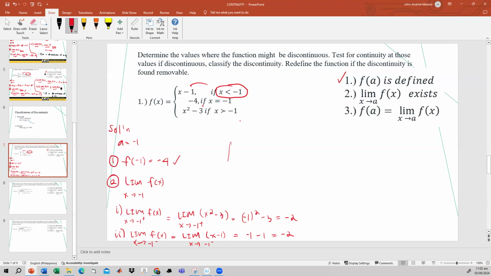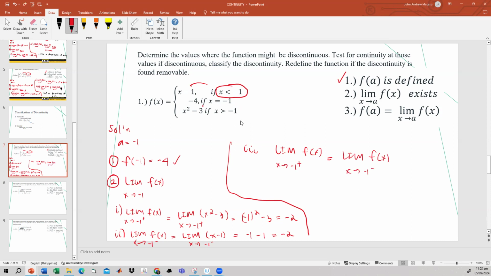Once done, for the two-sided limit, the last condition is that the right side limit as x approaches -1 from the right must be equal to the limit of f of x as x approaches -1 from the left. Are they equal, class?